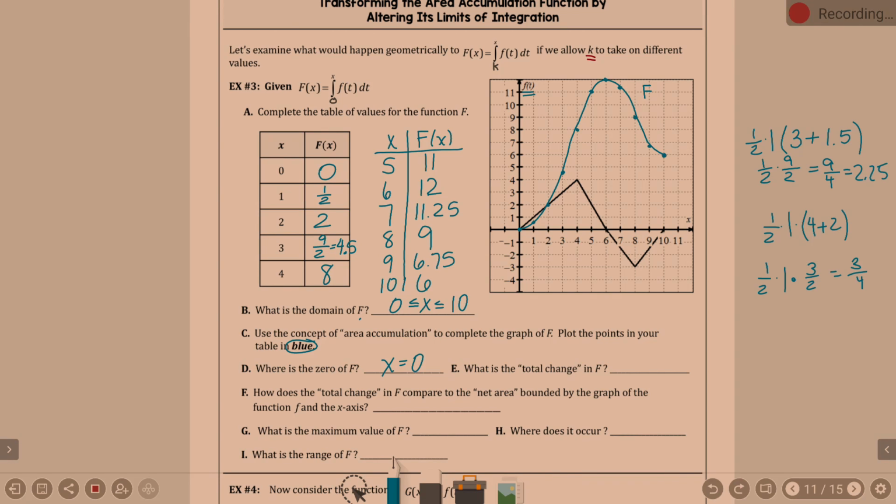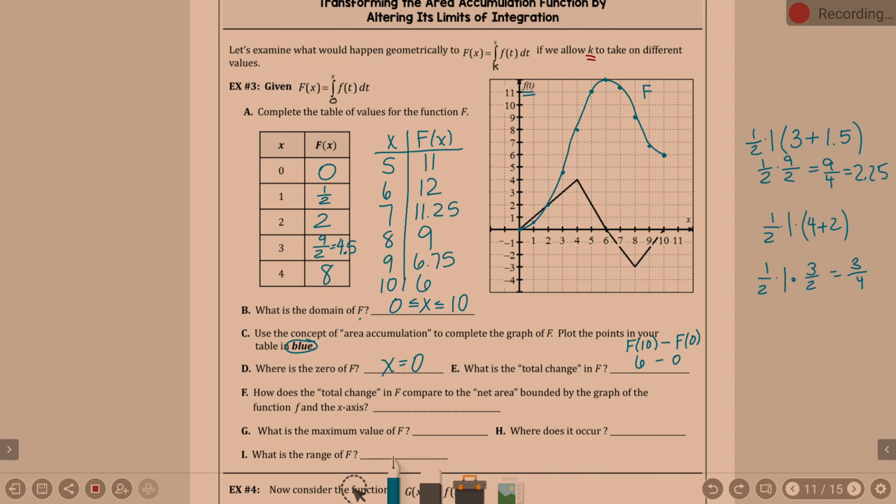When we talk total change, it's going to be the change from the beginning to the end. So at the end, we're at f of 10, which is 6. At the beginning, we started at f of 0, and f of 0 was 0. And what is 6 minus 0? 6. So what is the total change? 6.